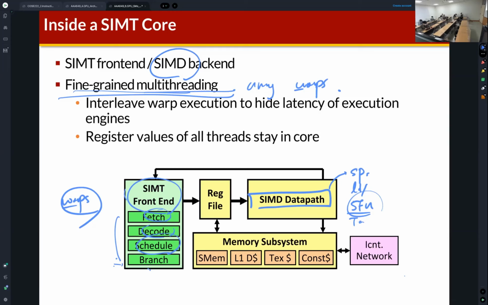And then the GPU has a large register file, one large register file of something like 128 kilobytes.